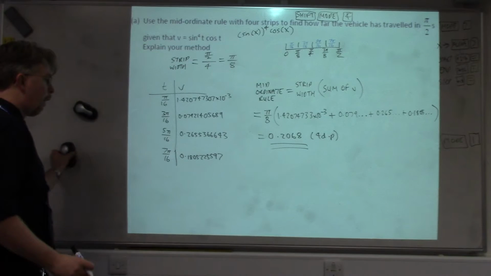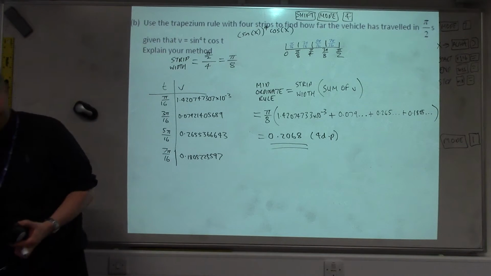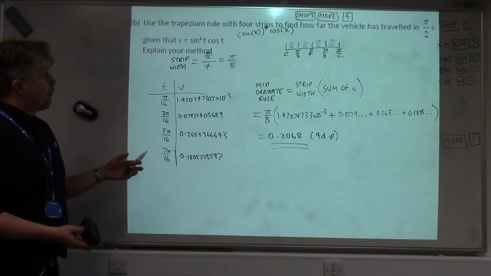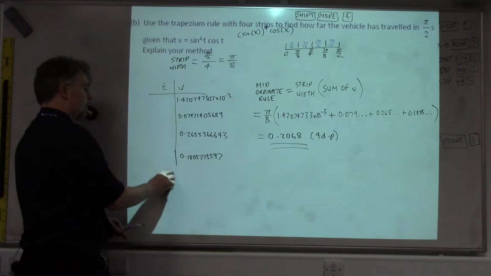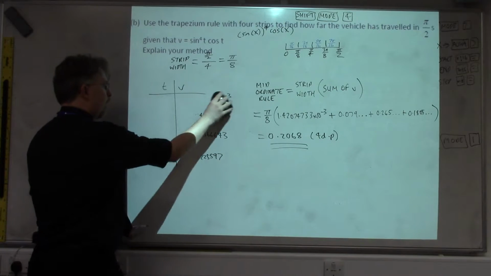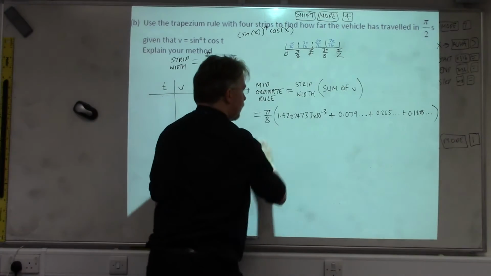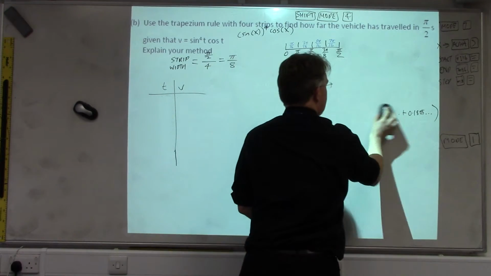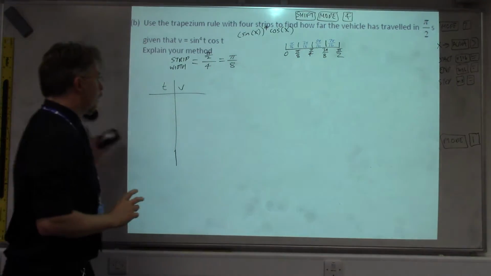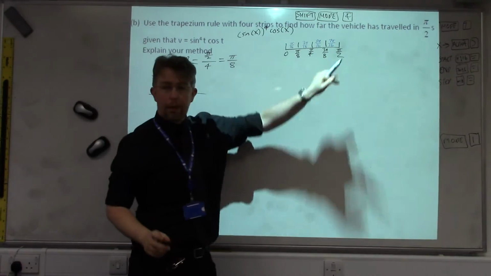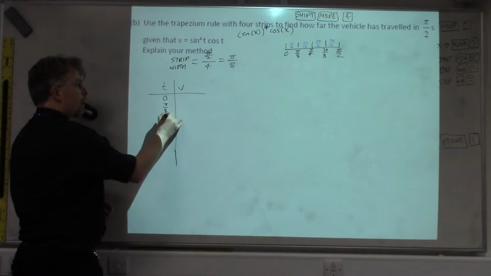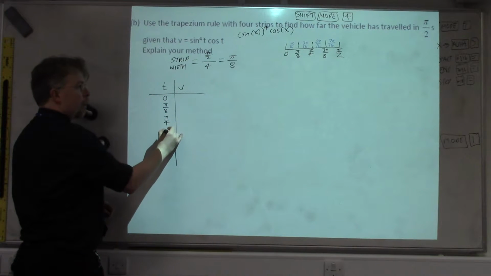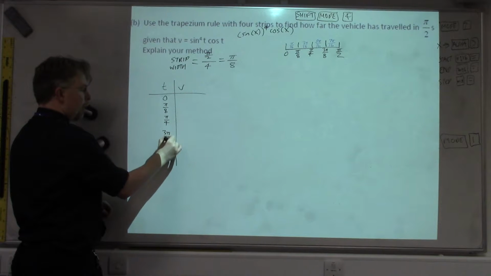Now the trapezium rule for part B. It's a similar sort of idea, with different values for the table and a different formula. The values in the table are the endpoints of the strips: 0, pi over 8, pi over 4, 3 pi over 8, pi over 2.